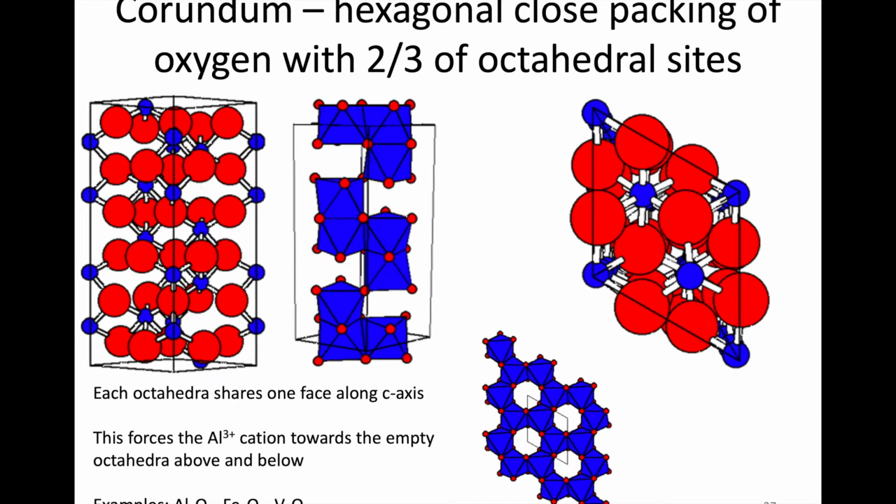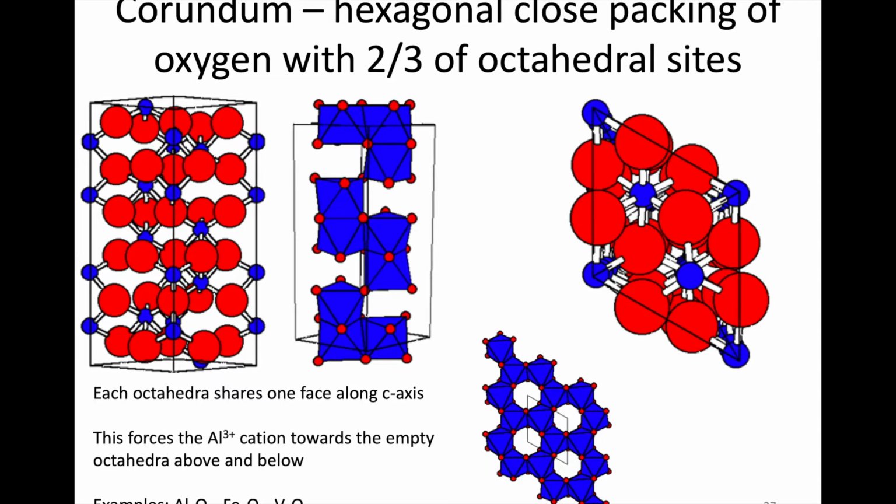And then the oxygens, which are the red, are coordinated by 4. Hopefully you can pick one out and find that it's surrounded by 4. If it's on the edge, keep in mind that it may be coordinated by things in the next unit cell. So the coordination numbers are 6 and 4.